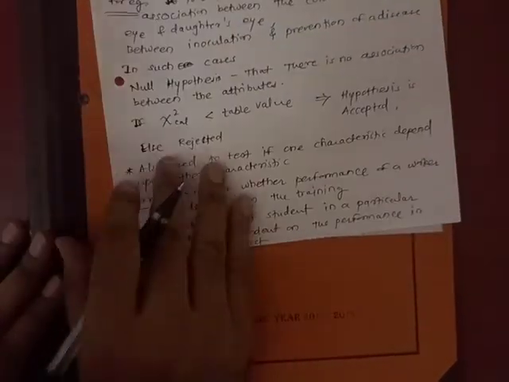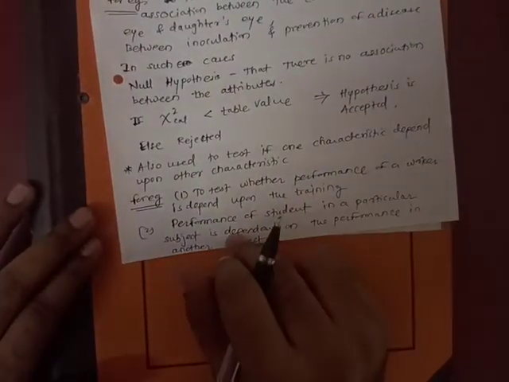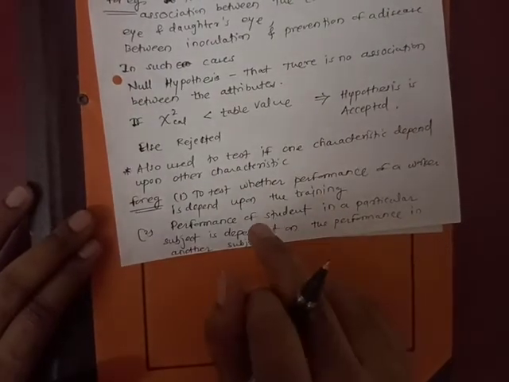Using chi-square distribution in this way to test the independence of one attribute on another attribute is called test of independence, right?